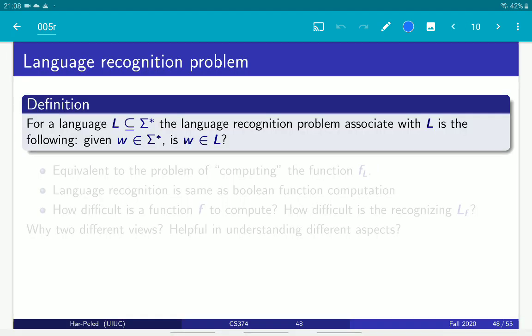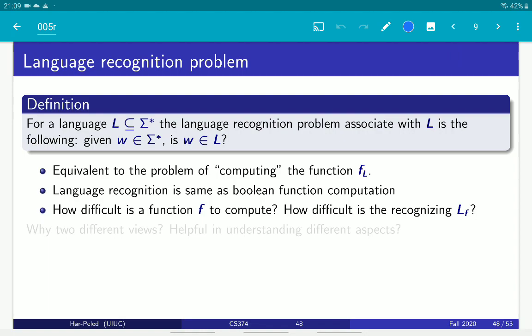Okay. So this is formally known as the language recognition problem. If I give you a language over some alphabet, the recognition problem of the language is to decide, given a string, whether or not it's in the language. And this is, as we said, equivalent to computing the associated function that is 1 if the element is in the set and 0 otherwise.